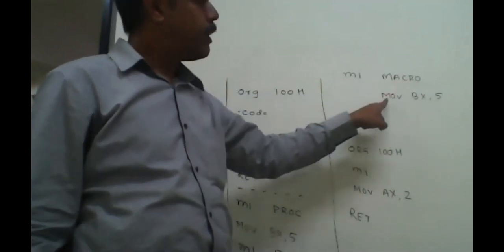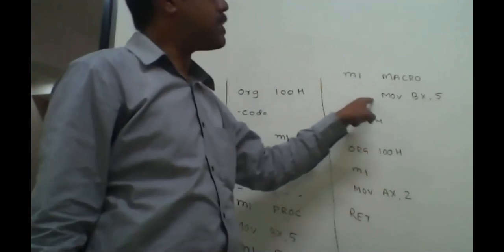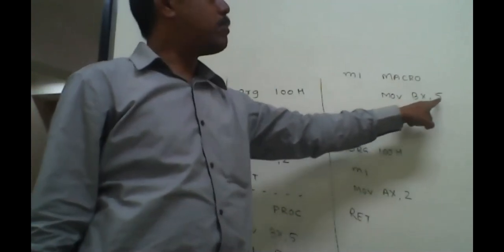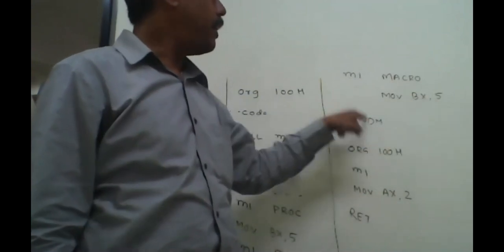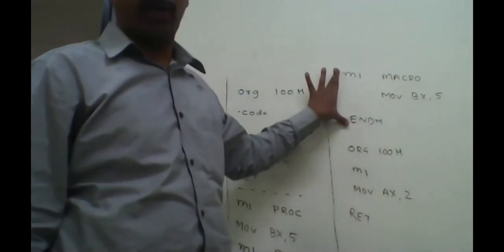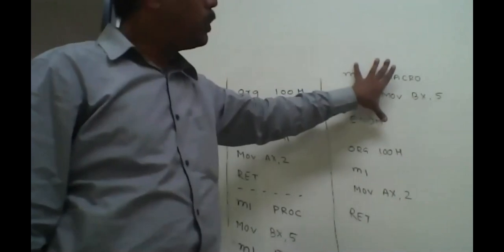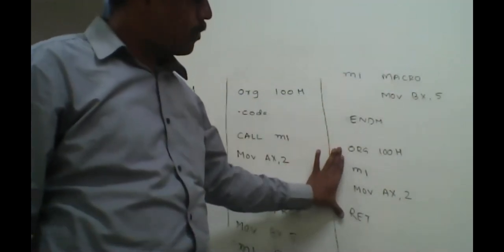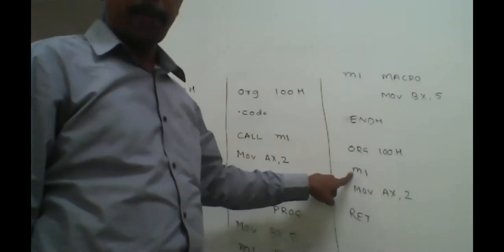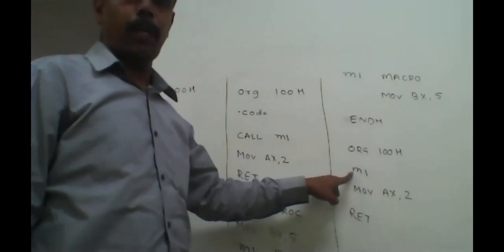Then I write the set of instructions here: MOV BX, 5. I am moving 5 into BX, and that is the end of my macro. Now I want to use this in the code. Now my code begins. Then I simply write the macro name here.